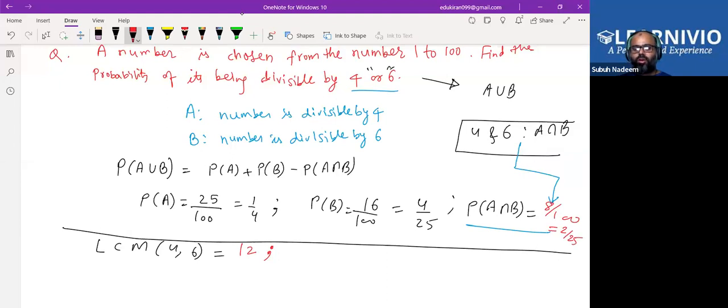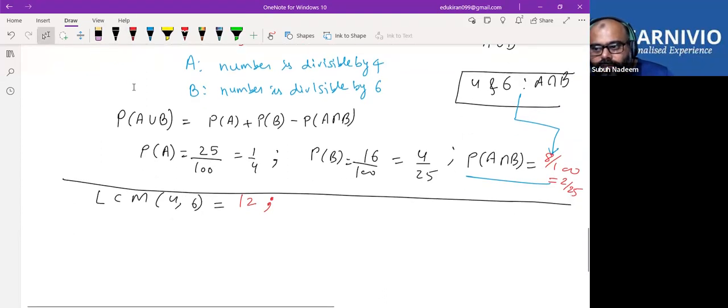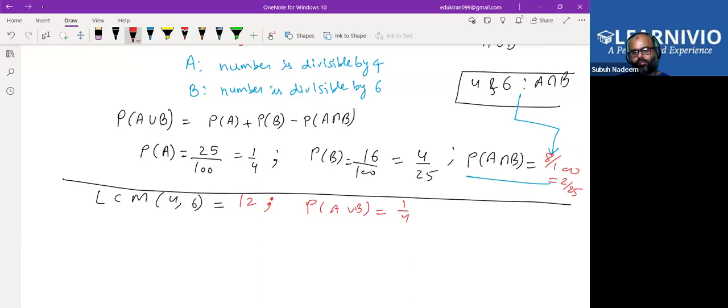So this probability is 8 by 100, which can also be written as 2 by 25, right? Yes, sir. And now you can calculate the probability of A union B. So you have the probability of A, then of B, and then of A intersection B. What will be the probability of A union B? Yes, sir. Find that.